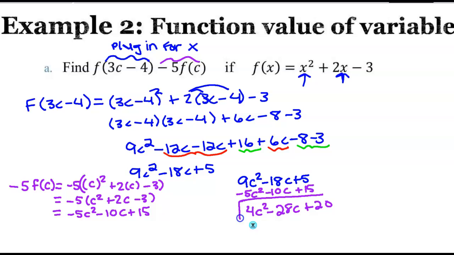So this is really a lot about taking your time and doing it piece by piece. Notice first what we did was f of 3c minus 4, figured out what that was. Then afterwards, we found negative 5 times f of c, worked it out, and then I put it together to get my final answer here. All right, let's go ahead and move on.